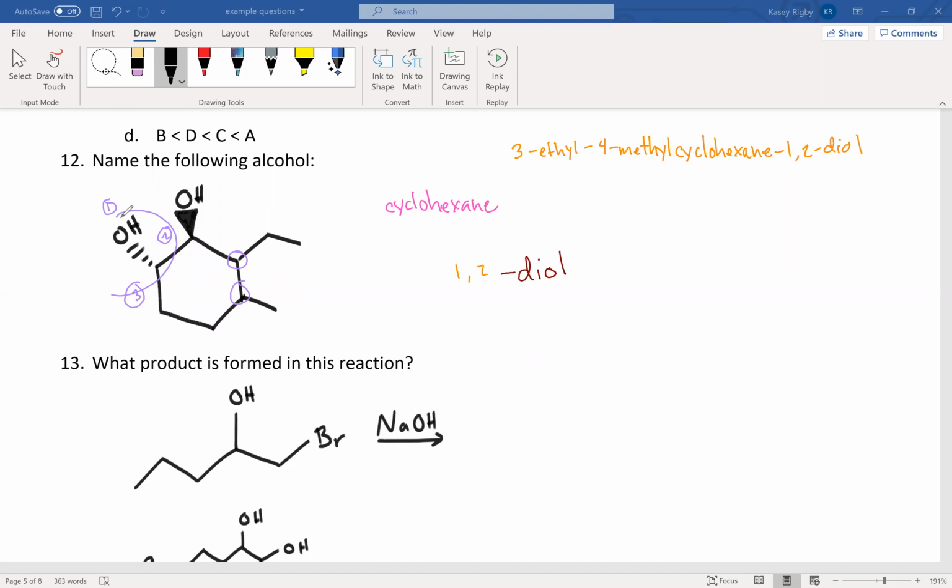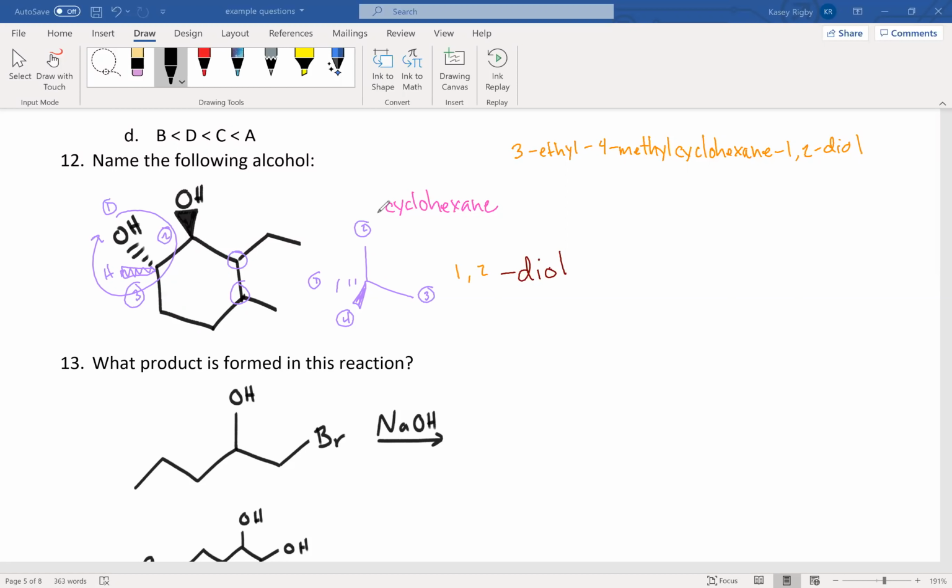So we see that it looks like R, but then we see that our lowest priority is not on a dashed wedge. This is the way that I do it. You can do the swapping of the stereogenic centers, but I like to draw out the tetrahedral and label the different priorities. So this dash wedge is 1, this solid wedge is 4, this one is going to be 3, and this one is going to be 2.